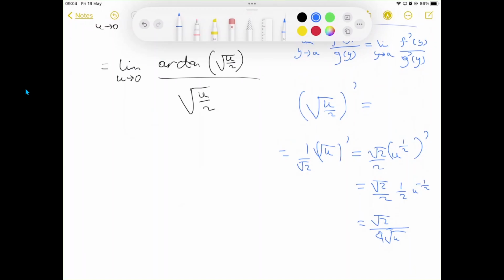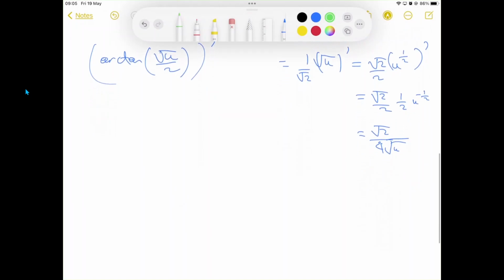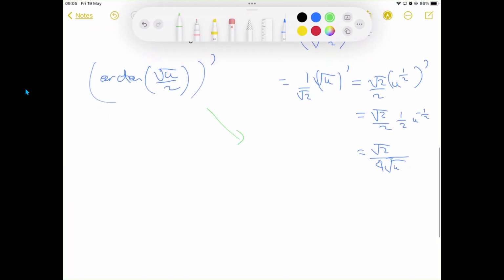How do we differentiate the numerator then? So arctan of root u over 2, all differentiated, so prime. Well, let me just write something quickly in green for you. So if you were to differentiate in respect to some variable, let's call it x, d over dx of arctan of x.